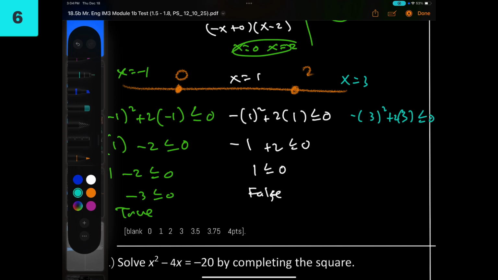So I get -9. Remember, that's PEMDAS. The most common mistake is do the negative sign first, which is wrong. So -9 plus 6. So you have -3 is smaller than 0, which is true. Okay, so true, true, false. That means your answers are not in the middle, but they're here.